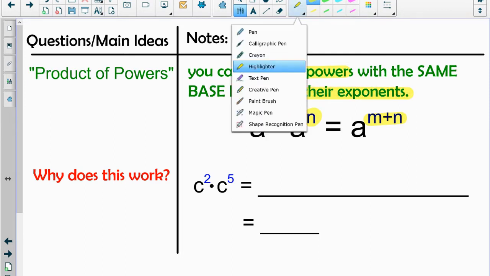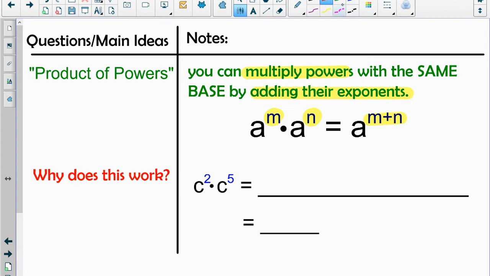And here's the why. Down below, I have an example where we have c raised to the second power times c raised to the fifth power. Now, if you expand these two expressions, so c squared is c times c, and then c to the fifth power would be c times c times c times c times c.